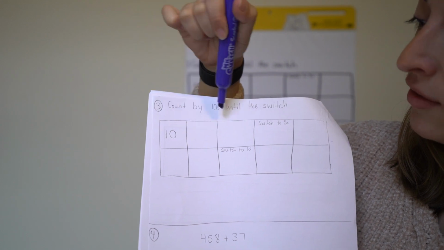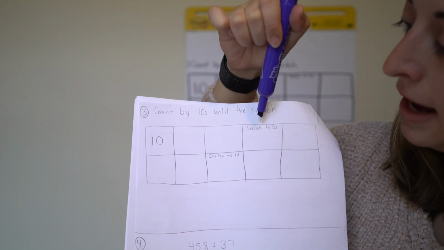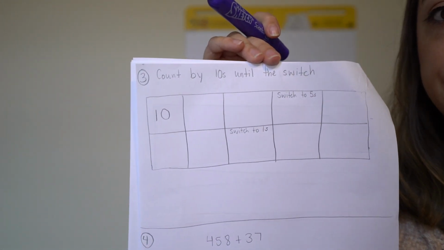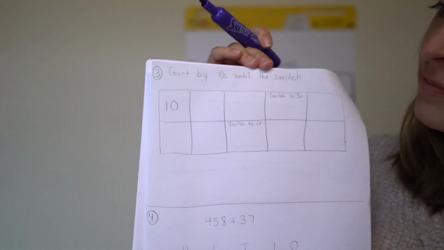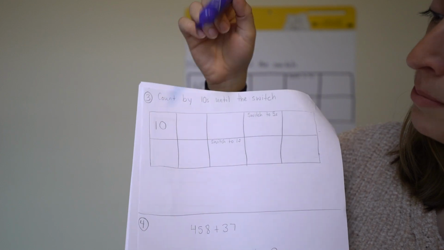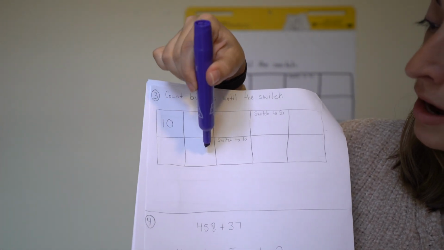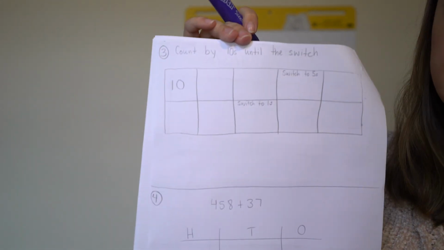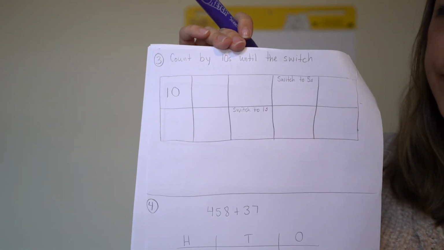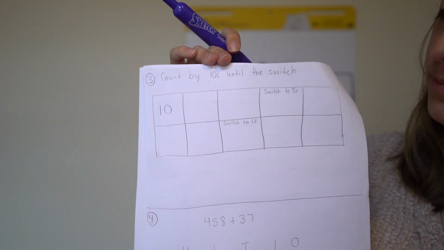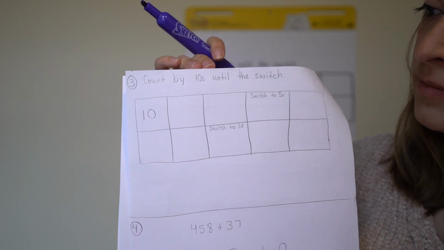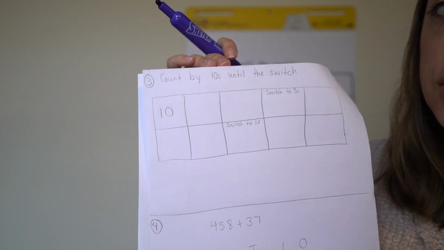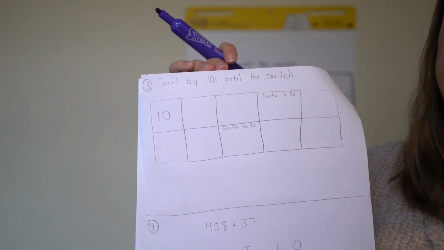And then in the fourth box, you're writing switch to 5s. And then on the bottom of that, on the third box, you're writing switch to 1s. I would pause the video now so that you have extra time to draw this on your paper.